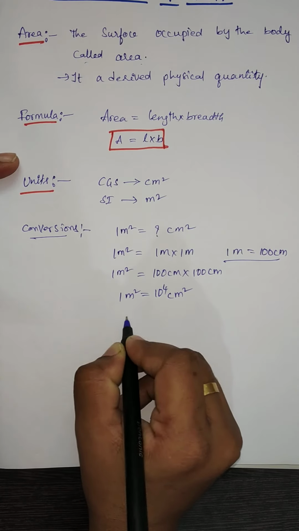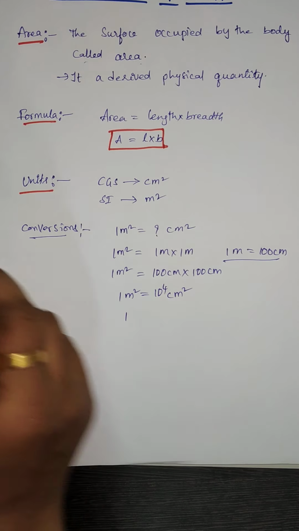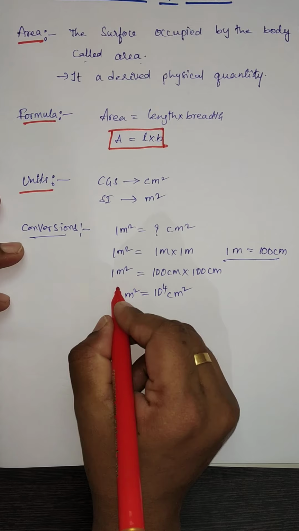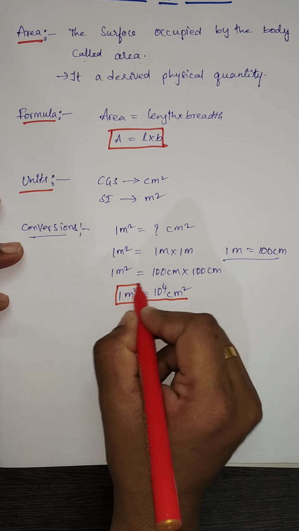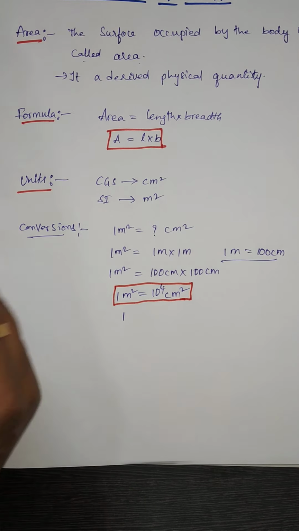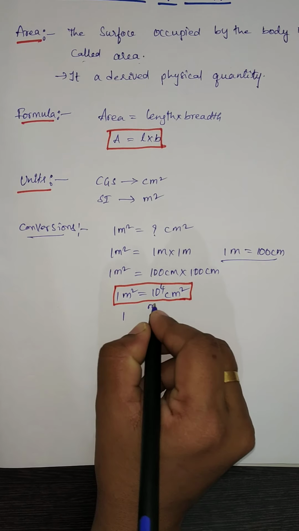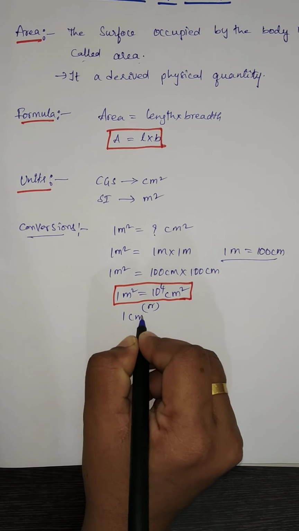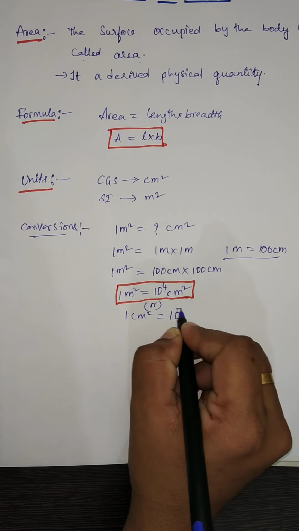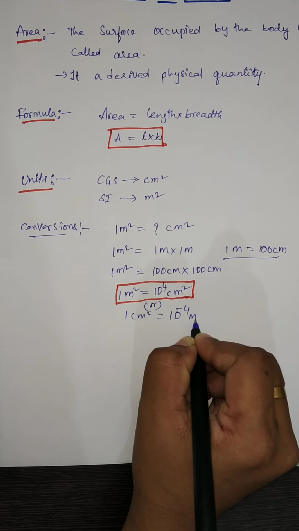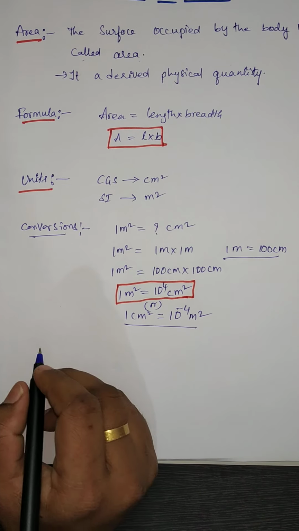So 1 meter square is equal to 10 to the power of 4 centimeters square. Again we can also write it as 1 centimeter square is equal to 10 to the power of minus 4 meter square. This is also important.